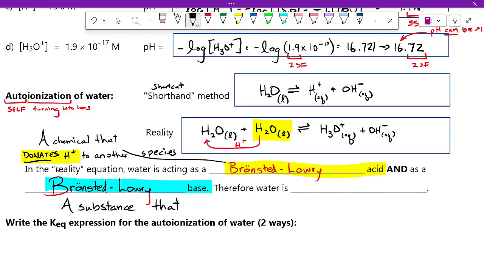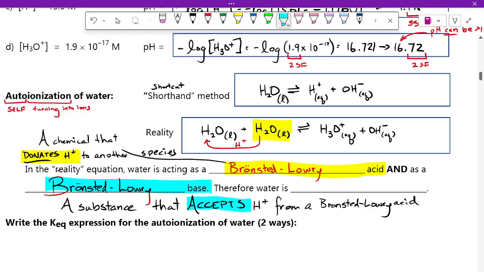I'm going to use the word accepts because that's the one that gets used mostly. It accepts H plus from a Bronsted-Lowry acid. So who's acting as the Bronsted-Lowry base? That would be our first water.